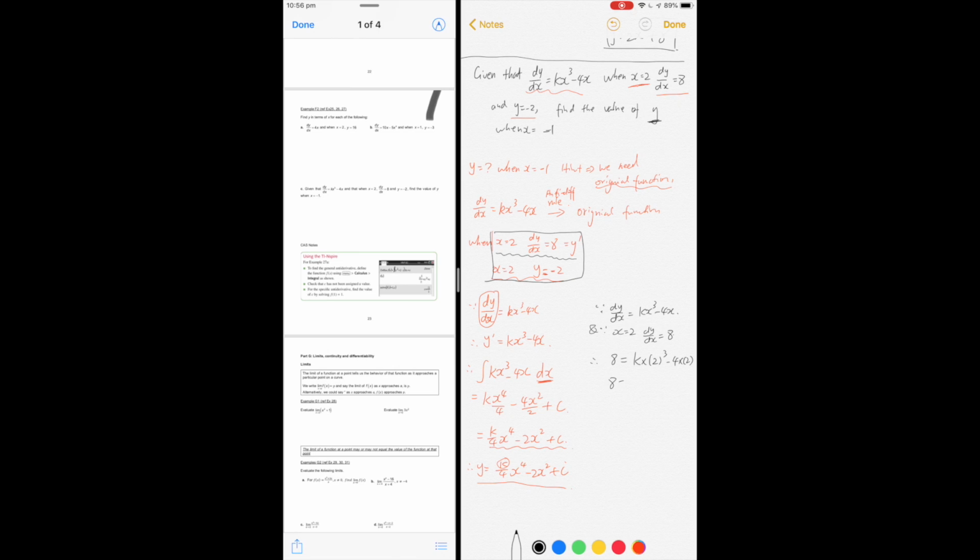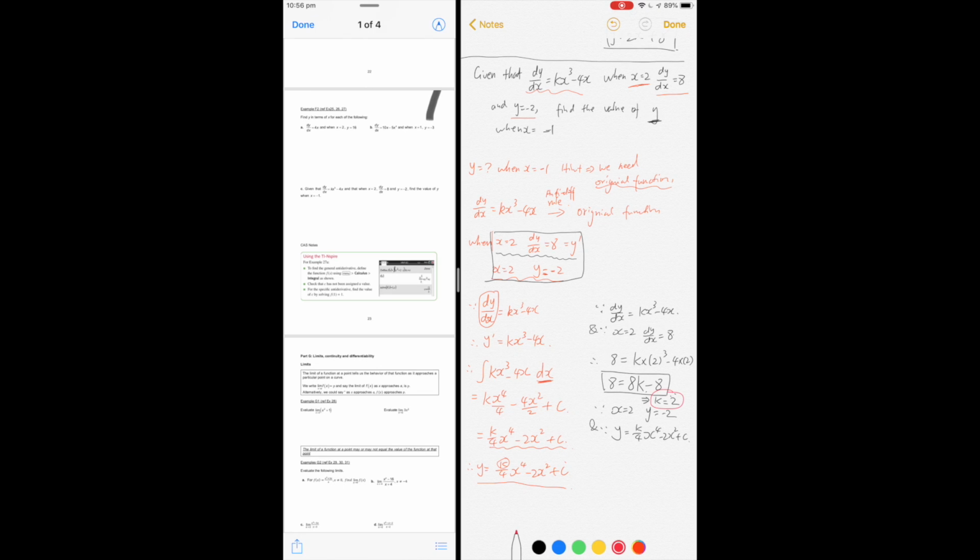Simplifying, 8 equals 8k minus 8. Okay, so this is the first one we know. By the way, you can actually solve this out: k is equal to 2.